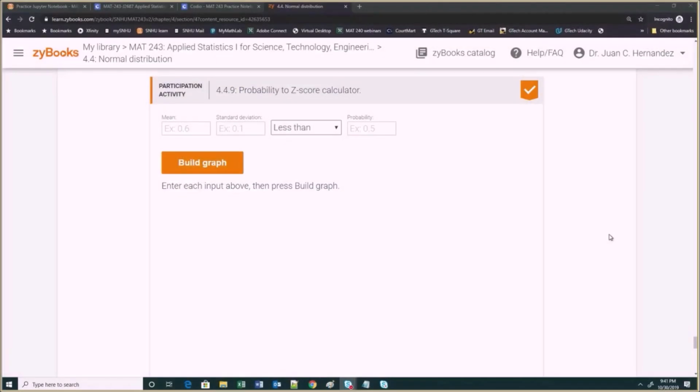These calculators are going to be extremely important when you do these calculations, not only because they give you the answers and you can match your answers with them, but also because they will build a graph, highlight the appropriate areas under the curve, and it just helps to visualize the problem.